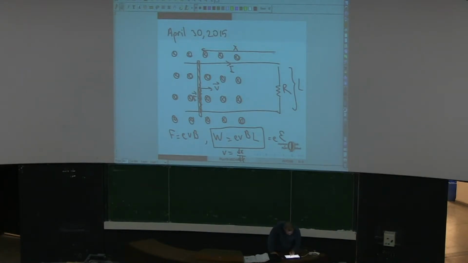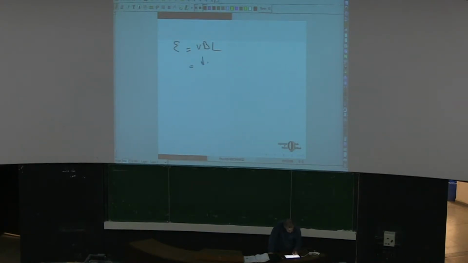Or let's say, let's not take it all the way, let's take it only this way. Basically it will be the same thing. So this is equal to dx by dt times B times L. But in this system at least, B and L are constant. So we can also write this as d by dt of B times x times L.